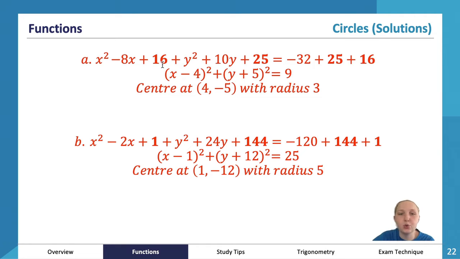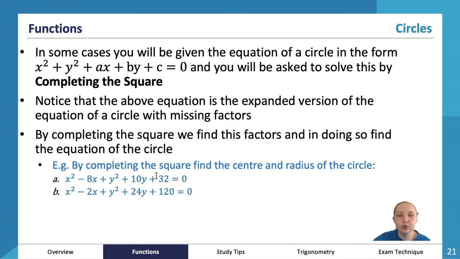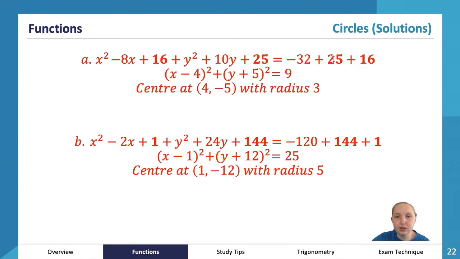So we do the plus 16. Then you've got y squared plus 10y. Half the coefficient of y equals 5, square that is 25. Now, what we've done on this side is we have moved our constant of 32 across, and then we've added the 25 and the 16 to this side as well, because we can't just go adding numbers into the equation.